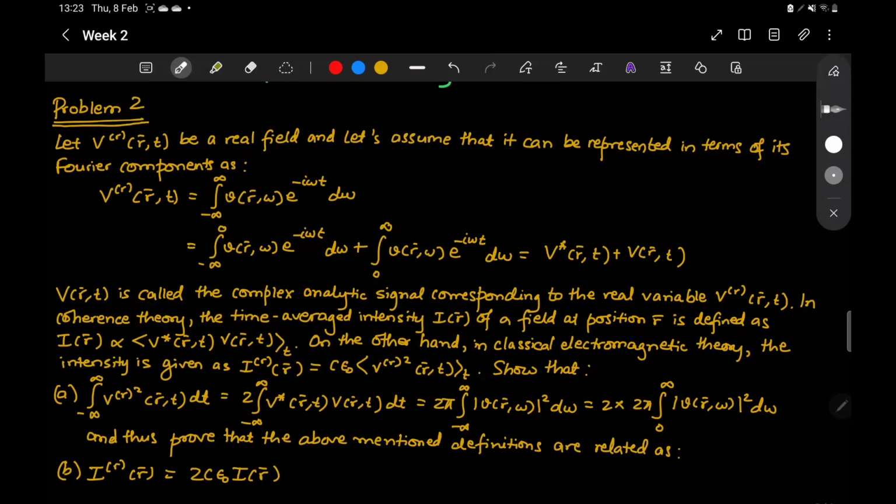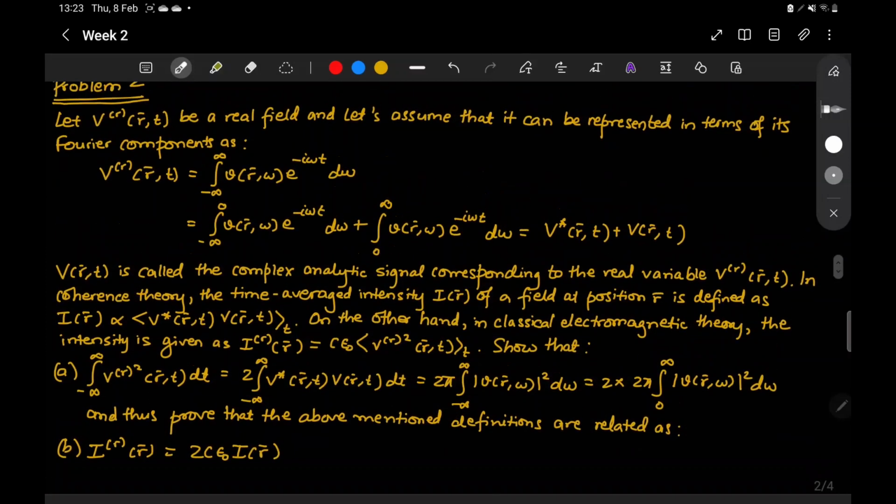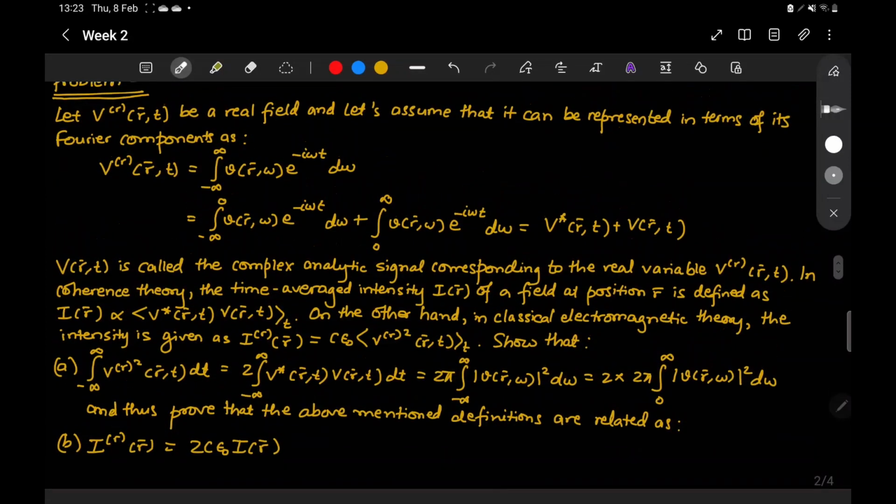Now this V(R, T) is called the complex analytic signal corresponding to the real variable, and in coherence theory the time averaged intensity I(R) of a field at position R is proportional to the expectation of V star V. And in the classical electromagnetic theory we have I, which is given simply as the expectation of V squared instead of V star V. So now we are supposed to show some expressions concerning this complex analytic signal and the real field and the complex conjugates and the Fourier components.